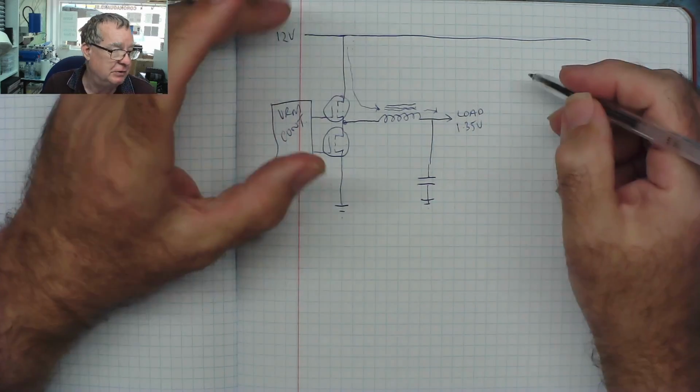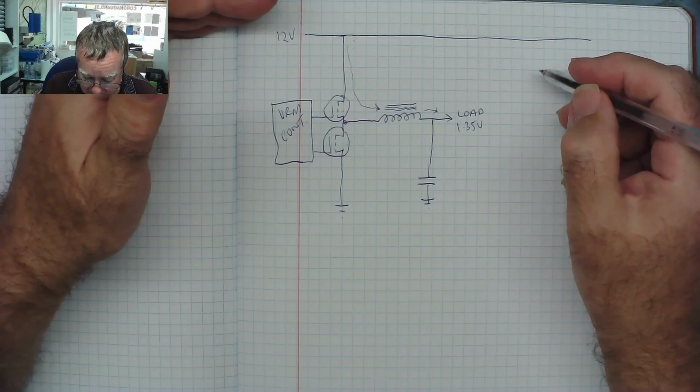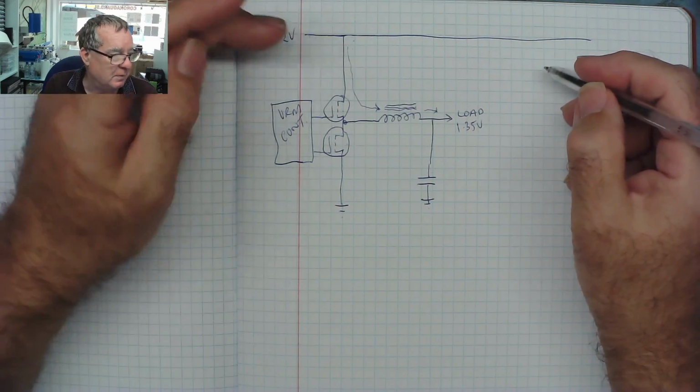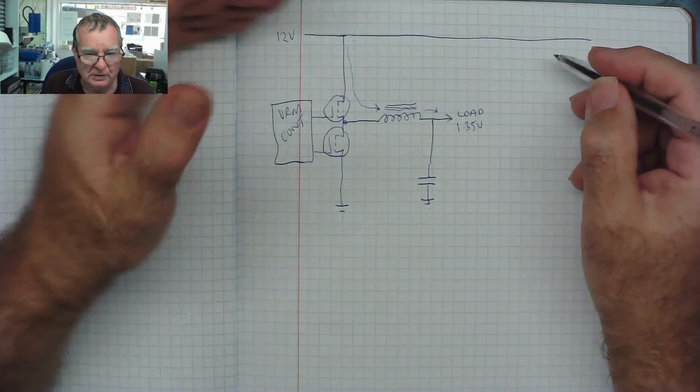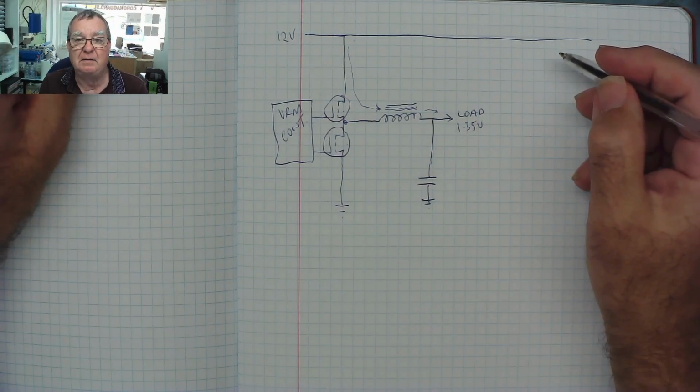So we have a 2-phase supply, we have a 4-phase supply. I'll draw the 4-phase supply, but obviously from this you'll understand the 2-phase supply is basically the same thing.